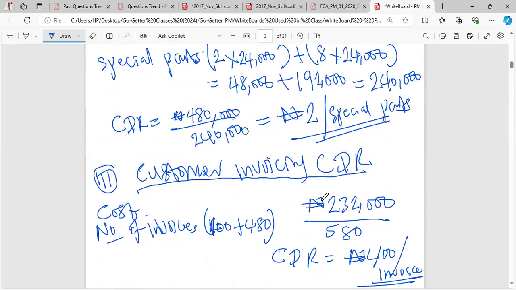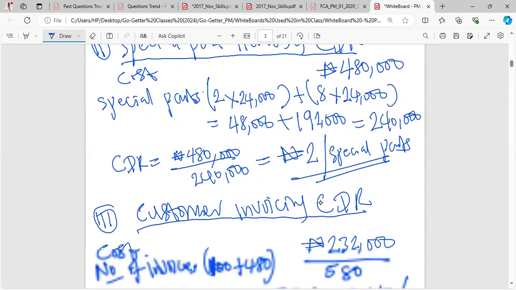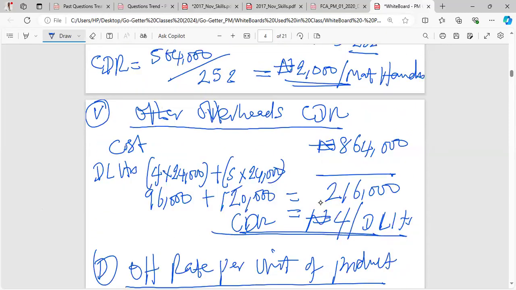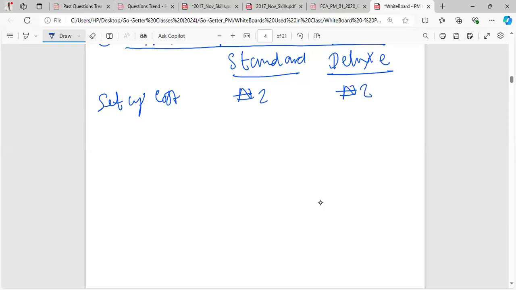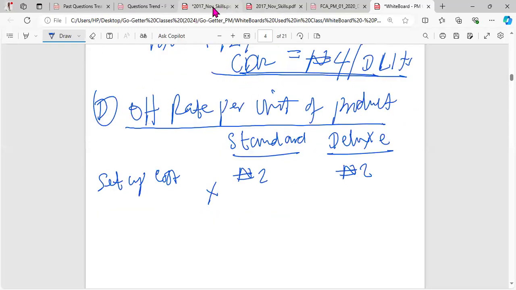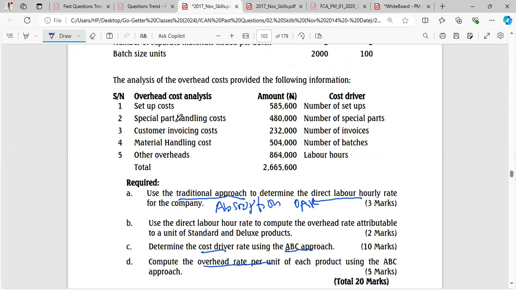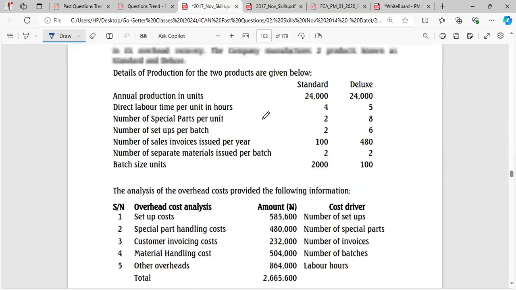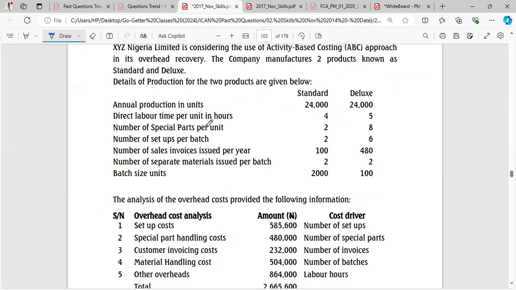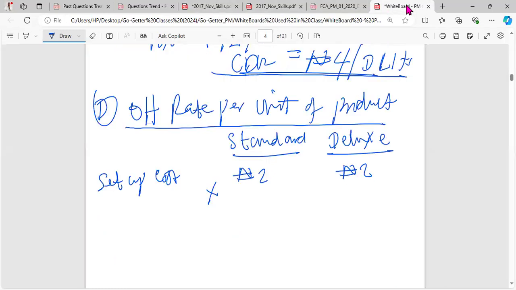So this is going to give me 2 multiplied by the special parts. How many special parts do we have? We have special parts per unit.